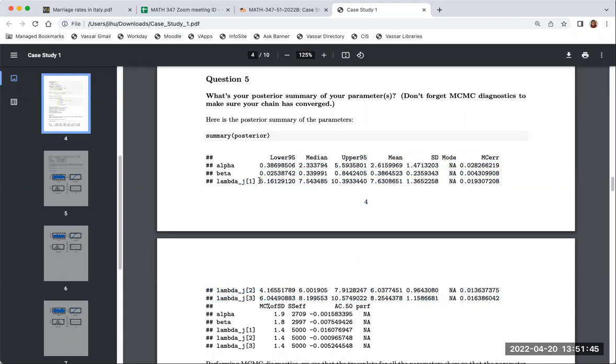Right, yeah. So I guess here, usually when you do the posterior summary, we'll be able to see the mean, the median of each parameter, and they also very conveniently give you the 95% credible interval in this case. Yeah, so any thoughts from others about, well, given, let's just say this output is what we get for lambda 1 for this row, lambda 2, and lambda 3.